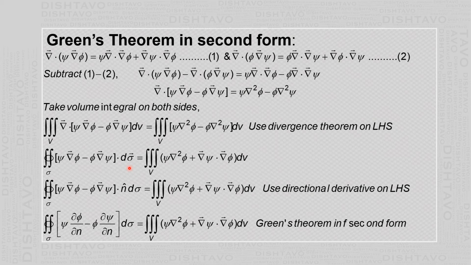Then further we write vector d sigma as n cap d sigma, as we have done while obtaining Green's theorem in the first form.